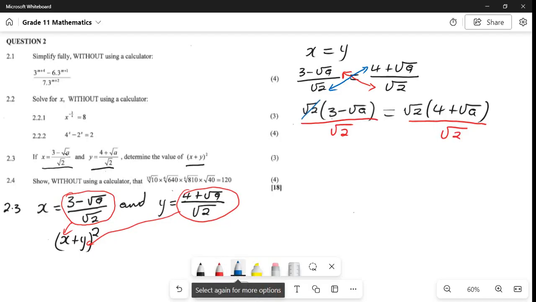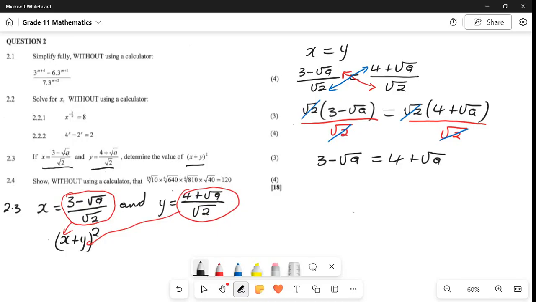Then the square root of 2 will cancel this one, because square root of 2 divided by square root of 2 equals 1. So on the left hand side, we are left with 3 minus square root of a, and on the right hand side we are left with 4 plus square root of a.